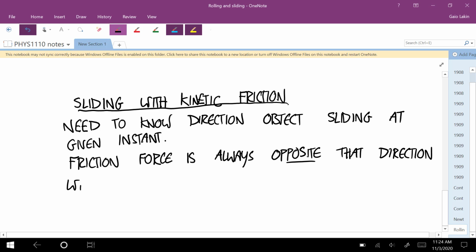And the magnitude is always the coefficient of kinetic friction, which tells you how much friction there is naturally between these two materials that are sliding against each other, times the normal force that's pushing them together. So that friction force is going to get bigger the harder two objects are pushed together.